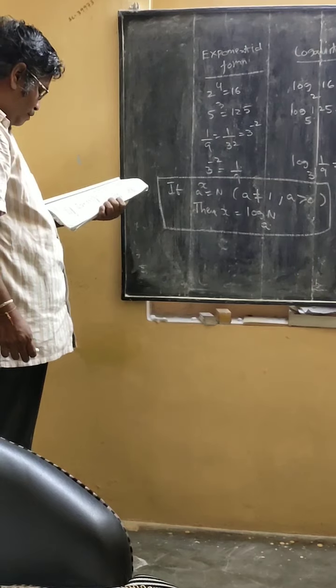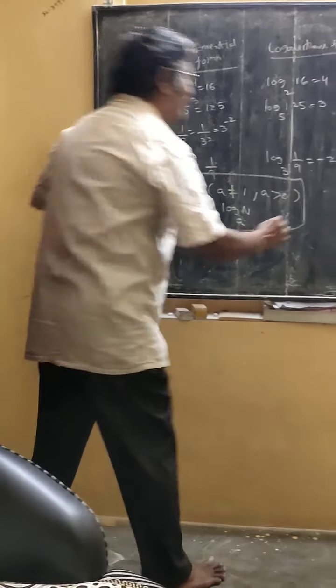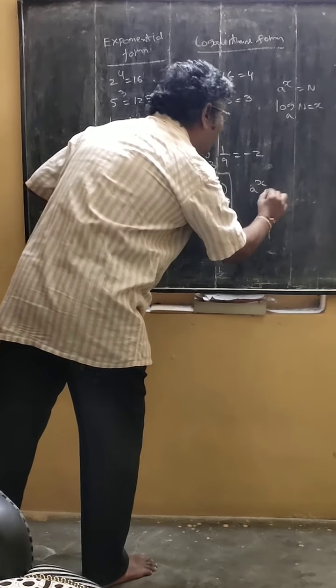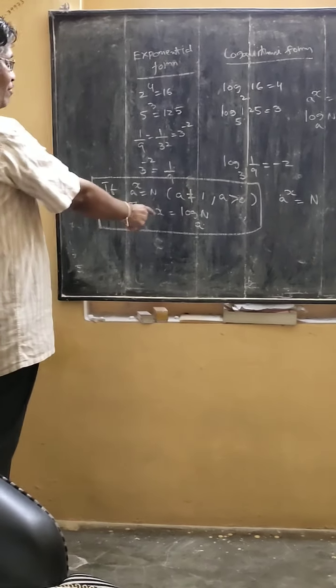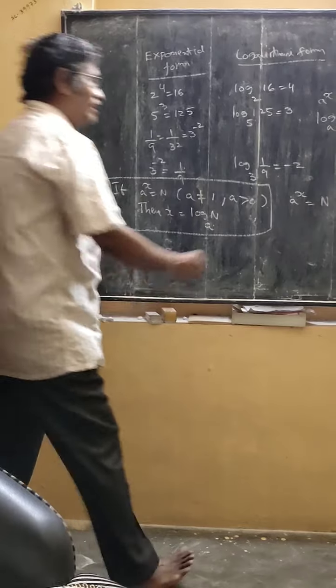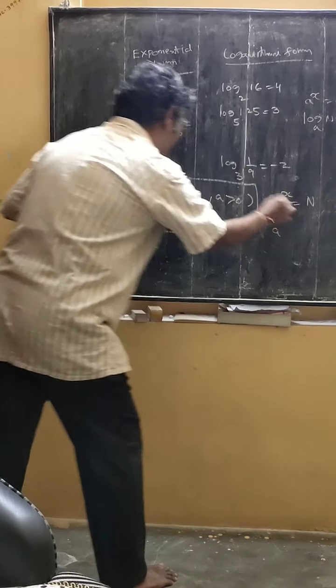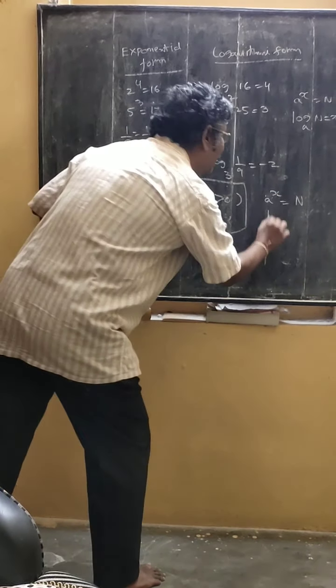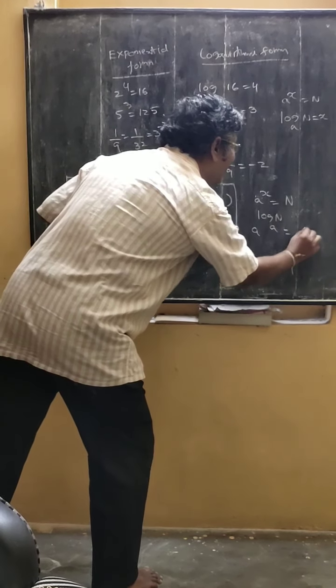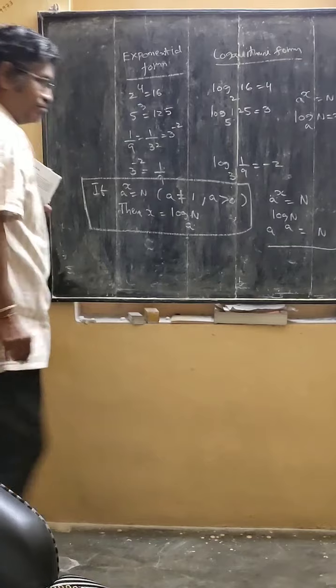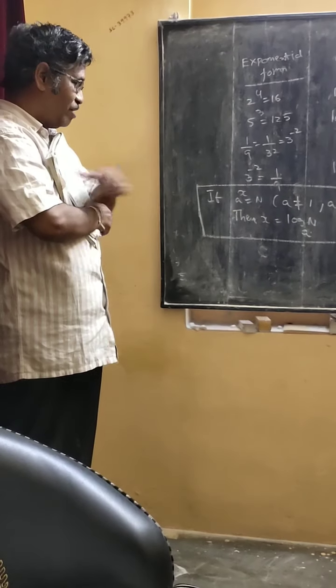Now, what is given to us? A power x is equal to n. What about the value of x? Log n to the base a. So if in the place of x you write the value of x, a power log n to the base a is equal to n. This is one more formula we got.